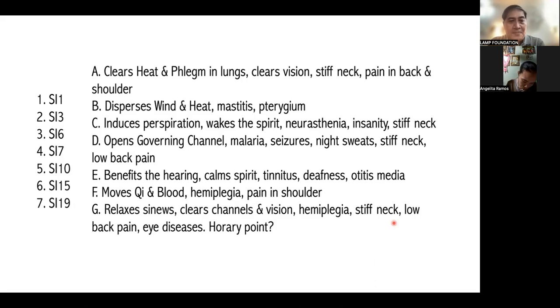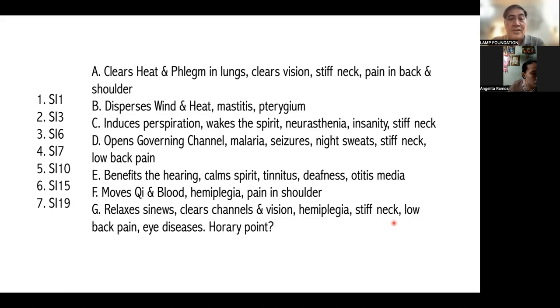SI6, ma'am. Number 3, SI6. My answer, Doc, is letter G. Okay. Relaxes sinus, clear channel. Is this also a horary point? Yes, Doc.